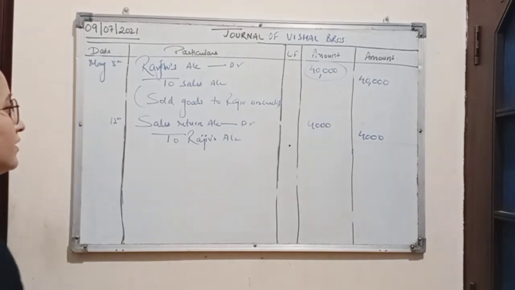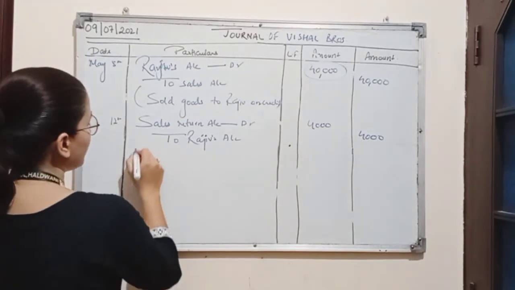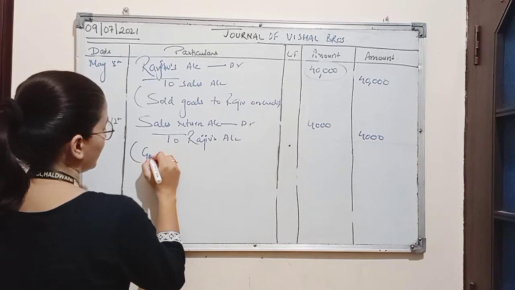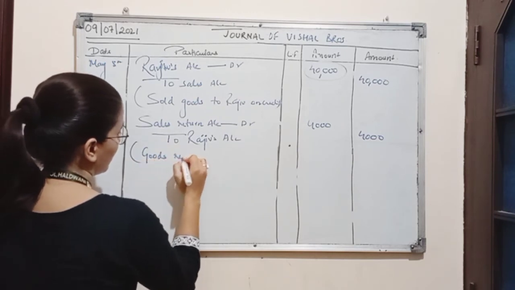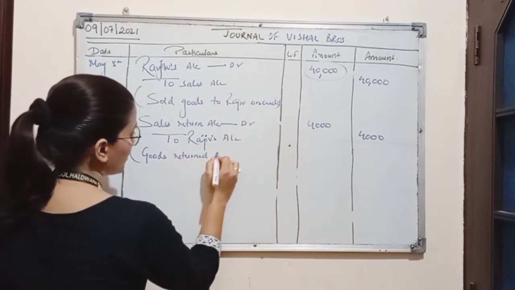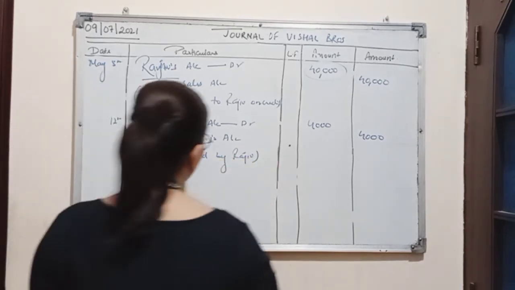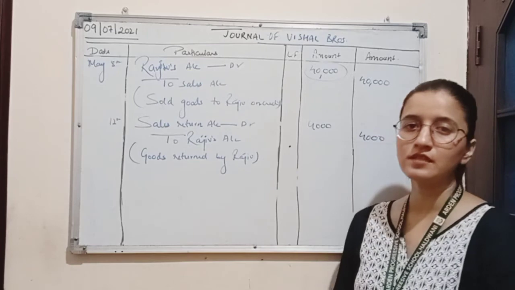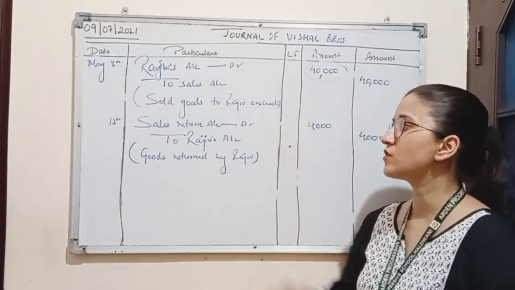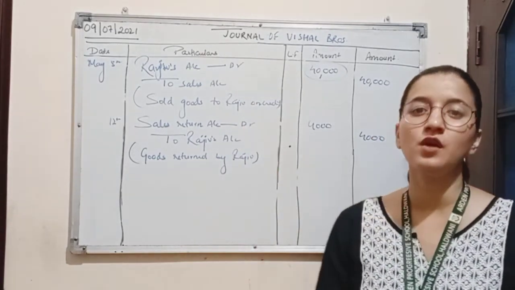Now here the narration for this transaction will be: goods returned by Rajiv. So this is how the question based on such transactions is solved.